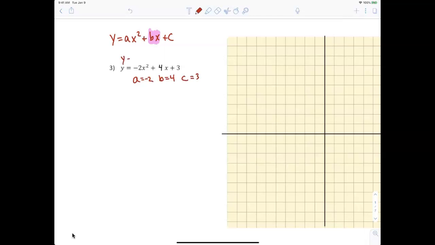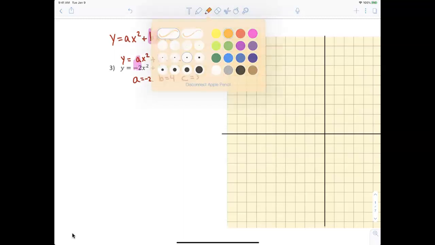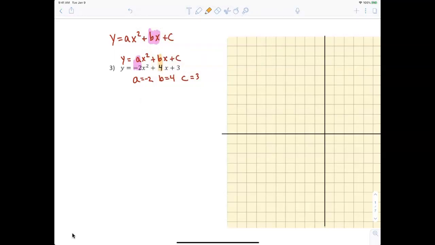Just to make sure you see that, it's y equals ax squared plus bx plus c. Notice a is right on top, b is the coefficient of the x term, and c is your constant. So there is your a value, your b value, and your c value.